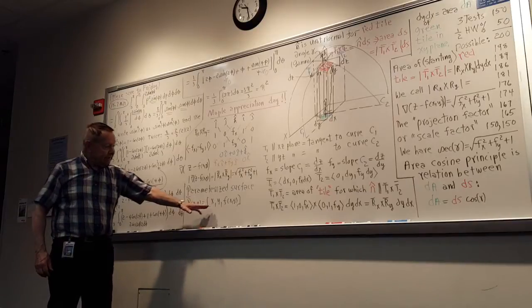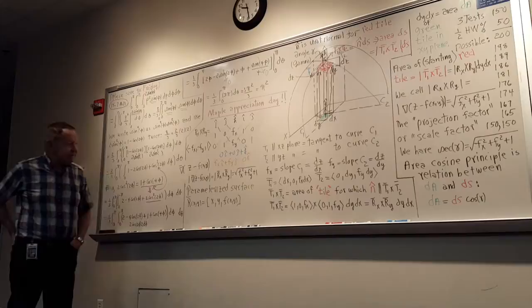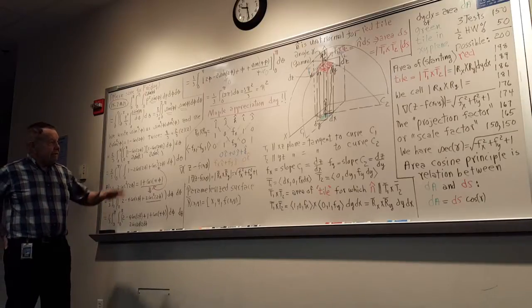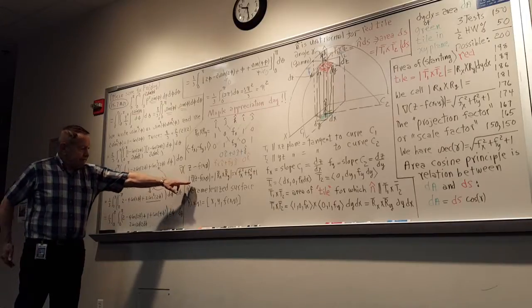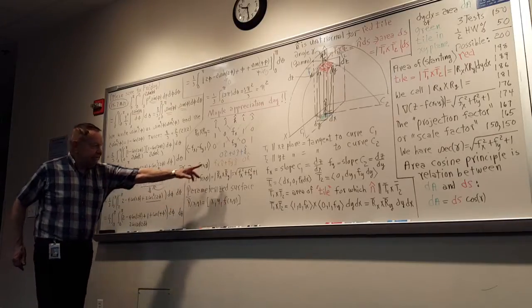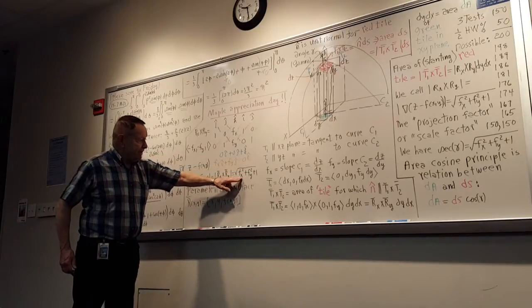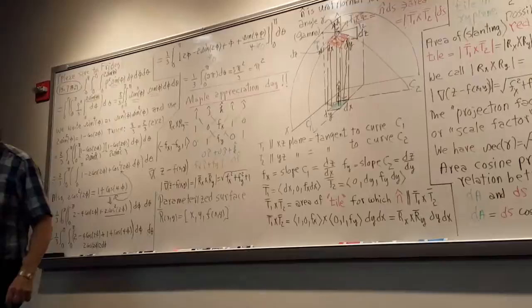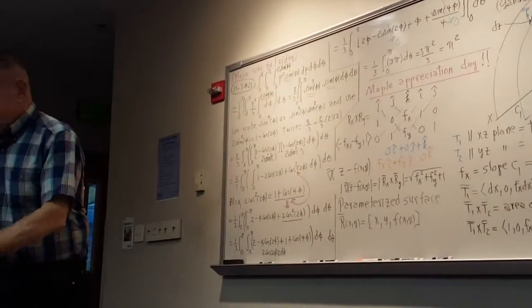You do the same thing in any of the three coordinate systems, and then take your cross product, and what you get is a thing like this, which in this case is the square root of 1 plus f sub x squared plus f sub y squared. That's what I'm talking about on the sheet here.